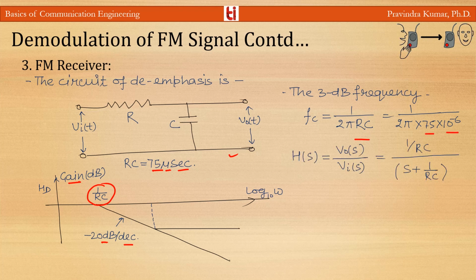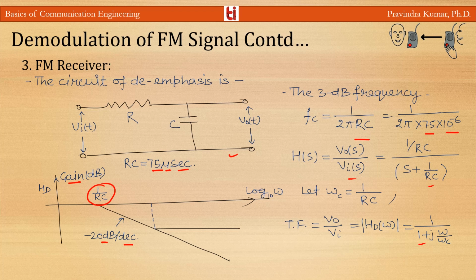The transfer function Vout by Vs will be 1 by RC upon s plus 1 by RC. If I consider omega c equal to 1 by RC, then the transfer function will be 1 by 1 plus j omega by omega c.